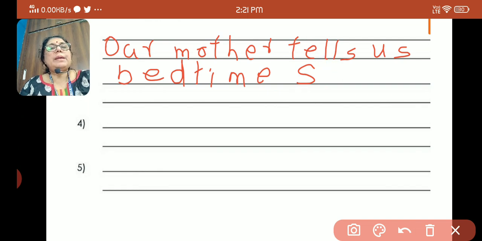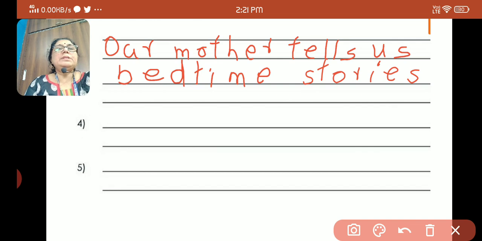S should be capital, no, it should be small. Stories. Got it? You have to write it in the second space and write it down.